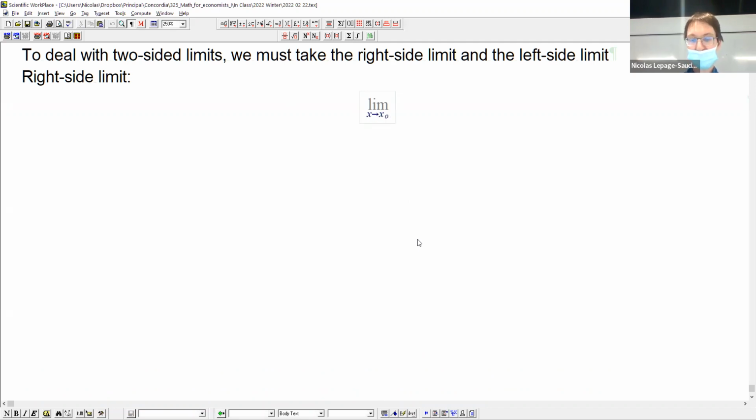So how we're going to know this is the following. When we tend toward x0, but we write a plus here, it means that we tend towards something that's slightly above x0.